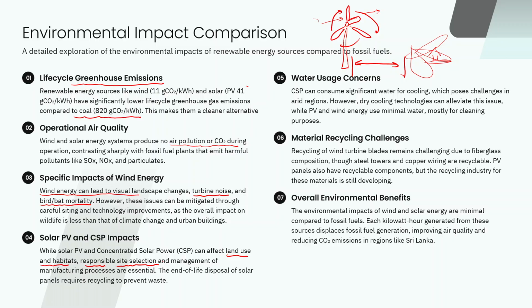You have to account for all the damages, including the damages done to the livestock and their habitats and so on. After doing that, you can carefully select the land for these kinds of power plants. If you do that, this kind of impact will be minimized, right?